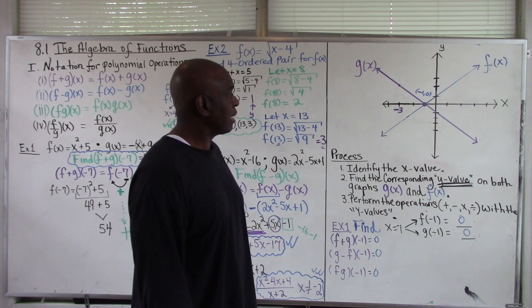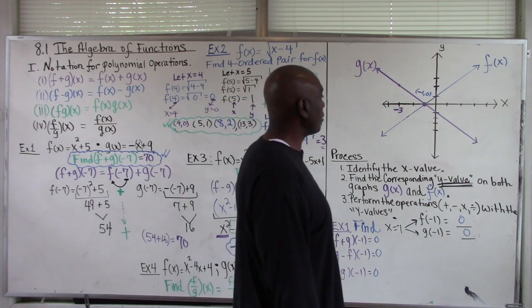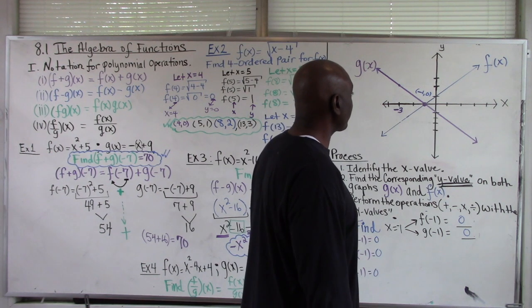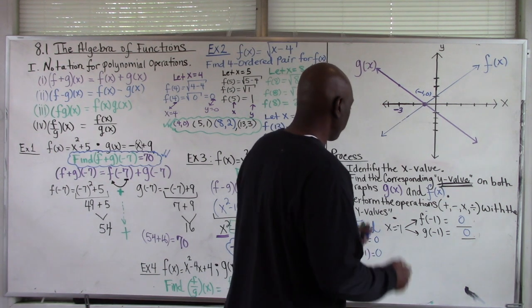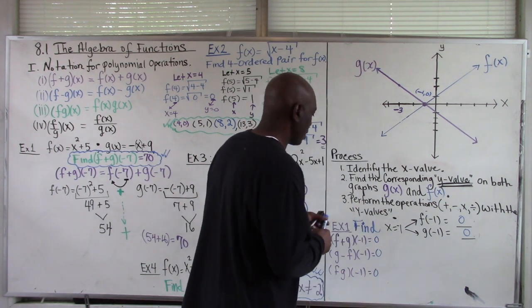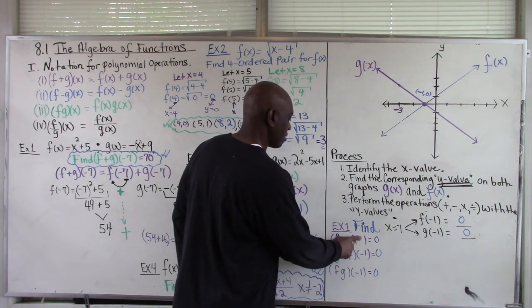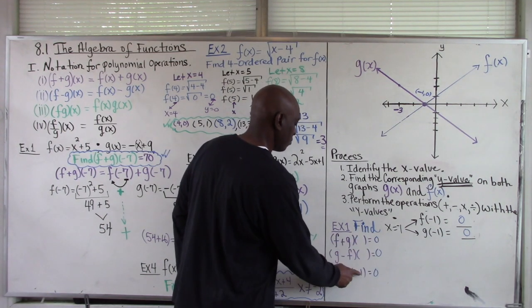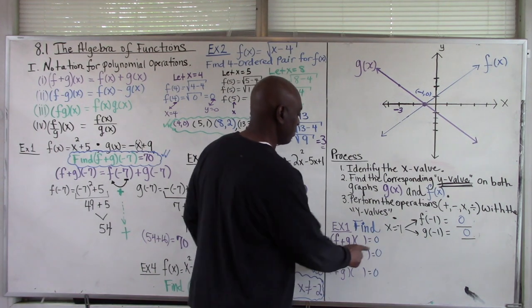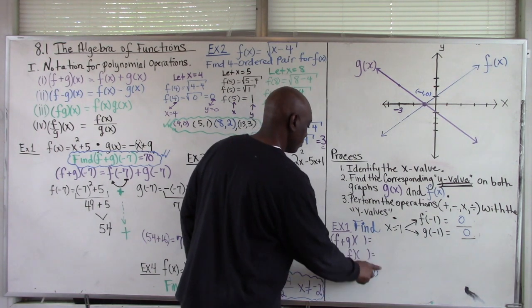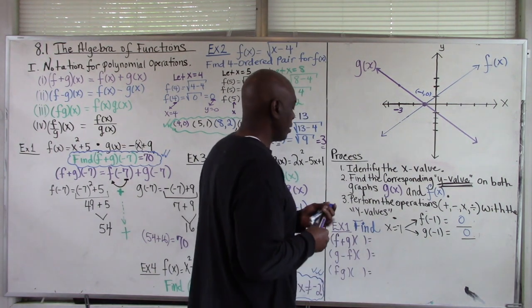How about we look at, let's see, F of 2. Let's change this now, because that one wasn't too good. That was no fun. There was nothing to do. Let's look at F of 2.